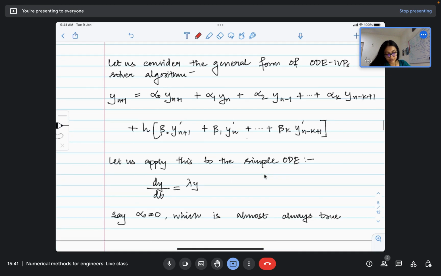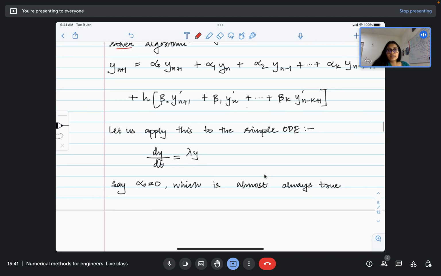So let us consider the general form of an ODE IVP solver algorithm. Till now we have seen so many solver algorithms, right? But let's consider the general form over here. That can be written as yn plus 1 is equal to alpha 0 times yn plus 1 plus alpha 1 times yn.